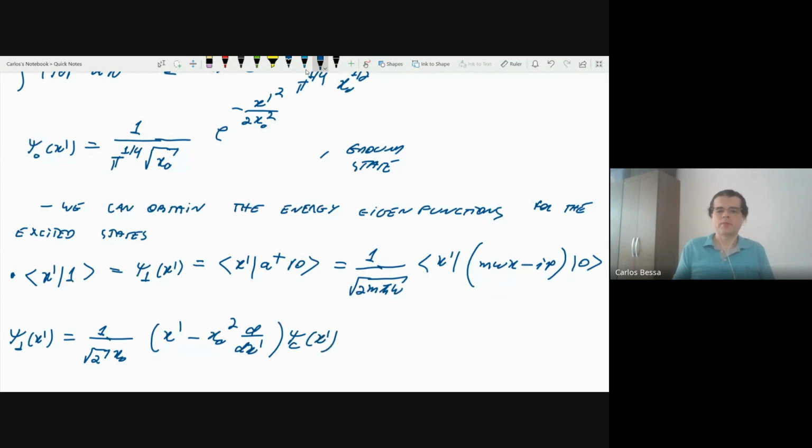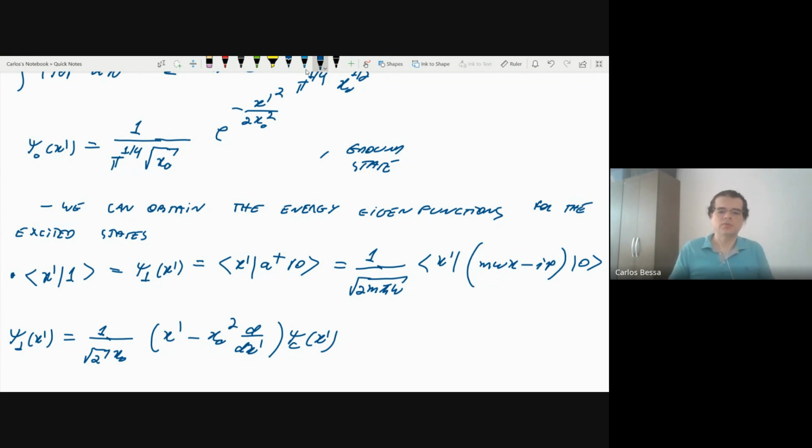Because when I do the bracket here in the x, I will have the x prime, and psi 0 would appear, and again here in the p, when I use the definition of p, I'll have d/dx and psi 0 there.